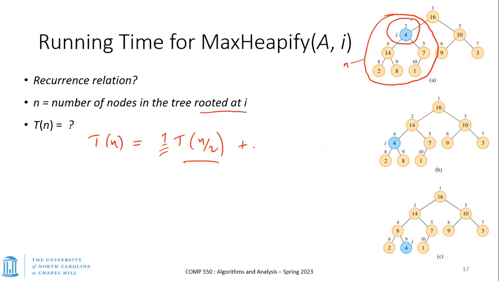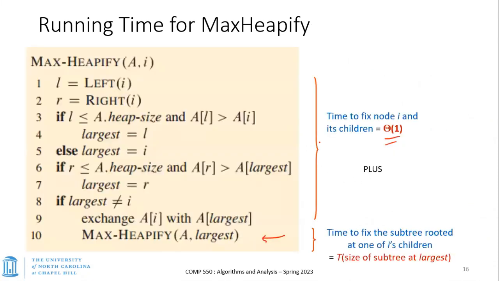And is there some function over here, f of n? And what would f of n be? Yes? So it'll be a constant, so it could be theta of 1. Why is that? Because we just saw earlier that these operations above are essentially constant. Okay, so far so good.